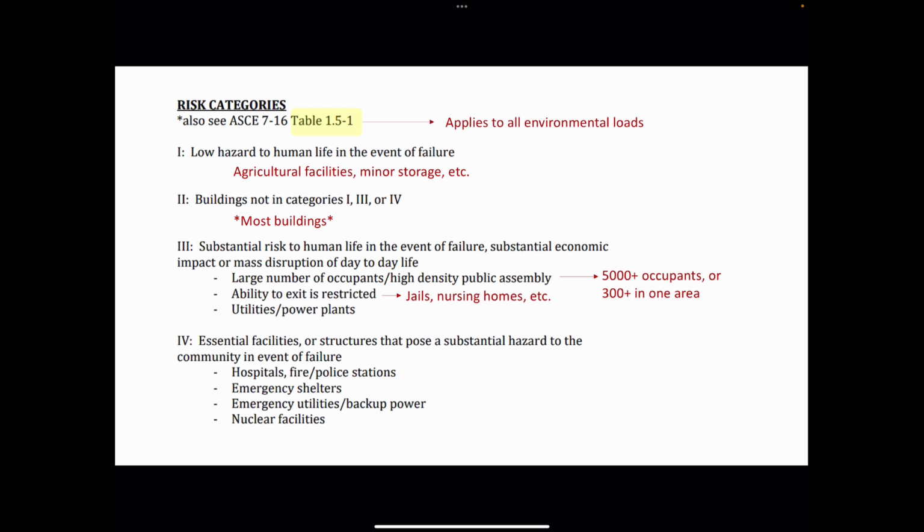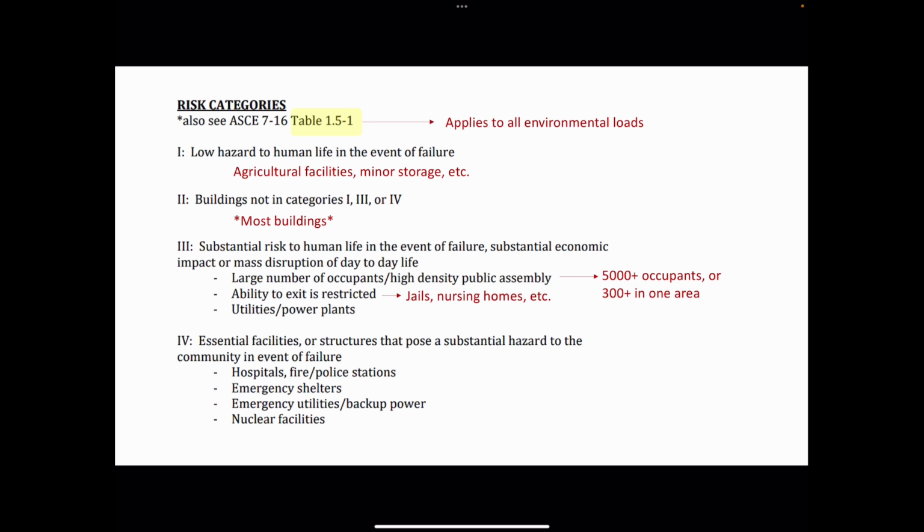The codes get more specific. So the IBC, the International Building Code, says 5,000 occupants or more, your risk category 3. If your building is going to have or could potentially have 300 people or more in one area, such as a ballroom in a hotel or a convention center, something like that, then your risk category 3.